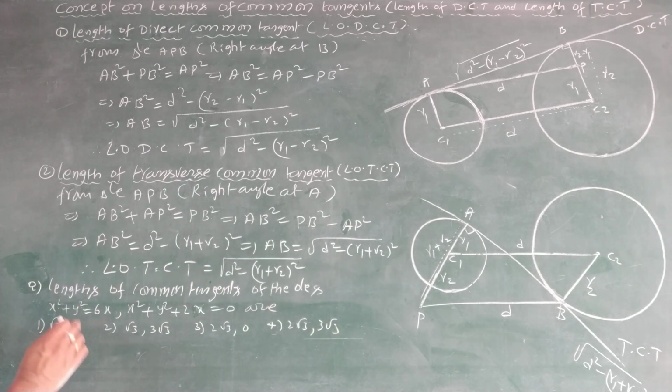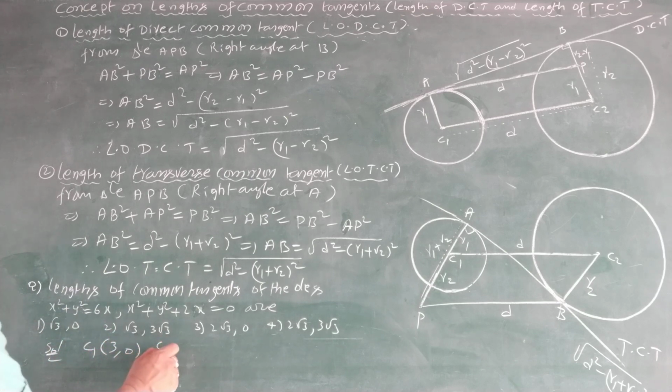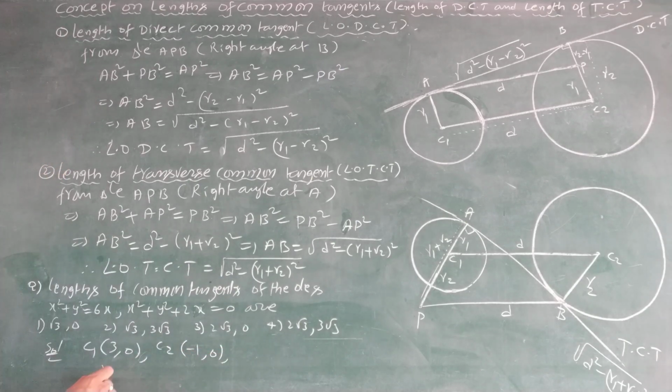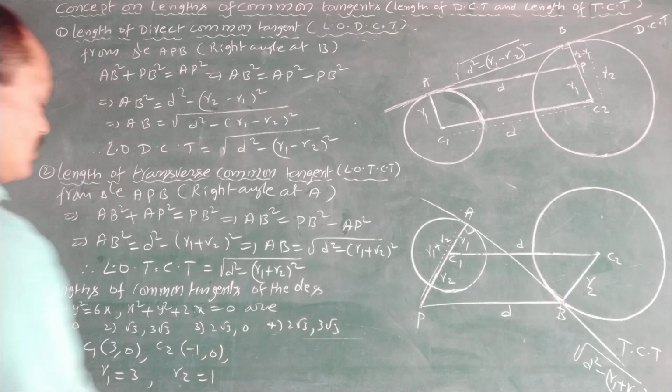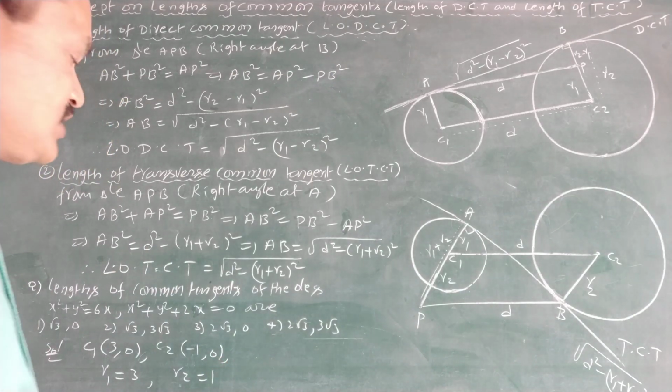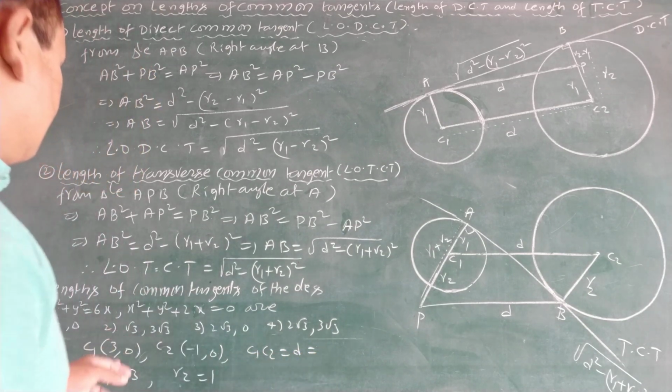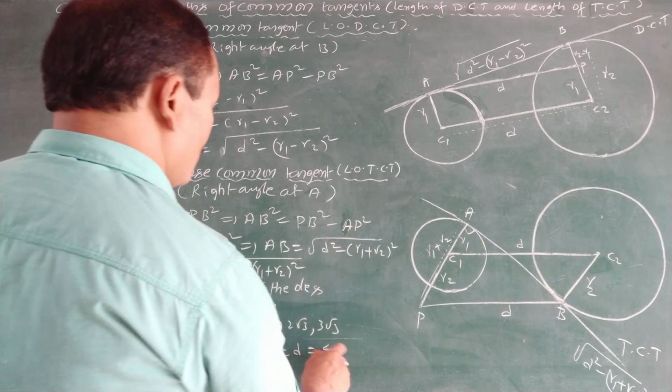Solution: C1, the center for the first circle, is 3 comma 0, and C2, the center for the second circle, is minus 1 comma 0, and R1 is 3, R2 is 1. Now the distance between centers C1C2 is D, that is 4.